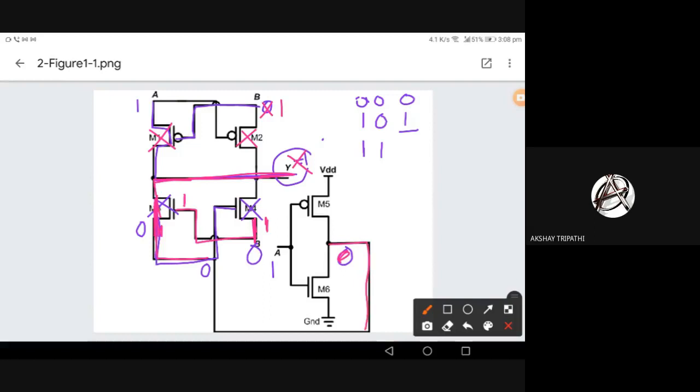So 0 is coming here and 0 is coming to the M4 also, but here B is 1, right? So M3 is high. So this A is 1 and this is 0. 0 is connected to the Y here, right? So here I got 0. Am I right? So let's analyze again.